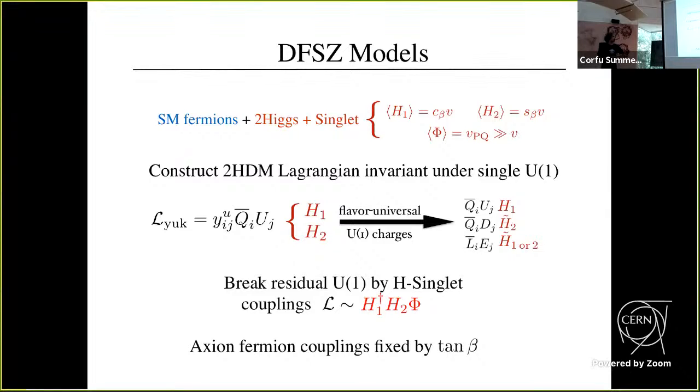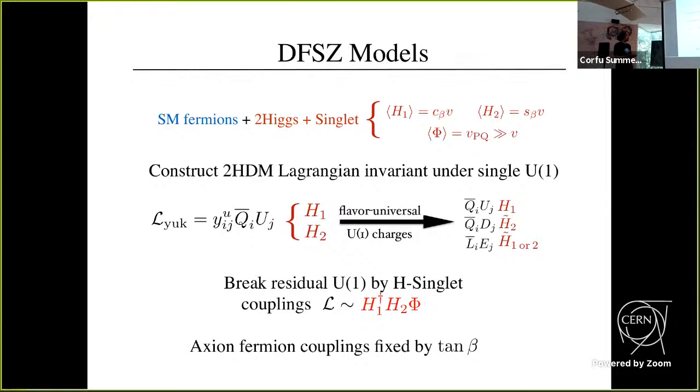If the PQ U(1) charges are flavor universal, we have only two options. The two models would differ by which Higgs doublet the leptons couple to. These are so-called DFSZ1 and DFSZ2 models, with terminology borrowed from two Higgs doublet type 1 and type 2 models.